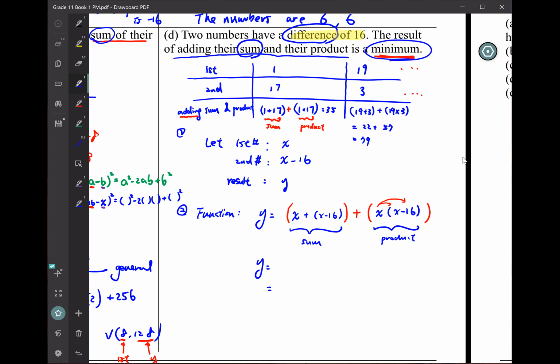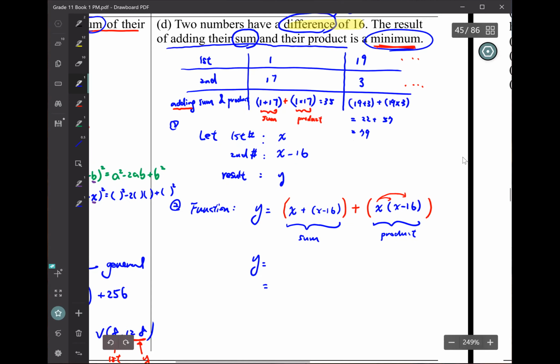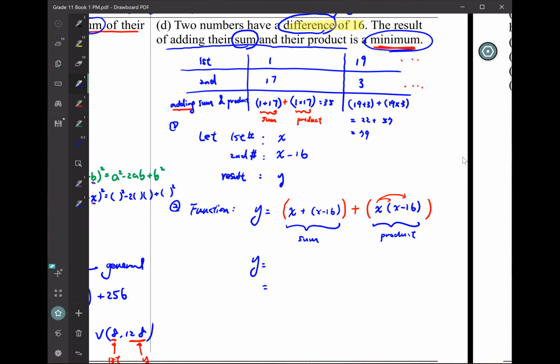Okay, so by now you should probably get the general form at least. Okay, Colin, do you have the general form? I'm still working on it.